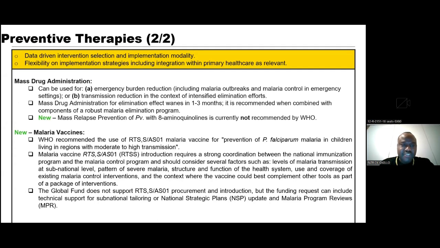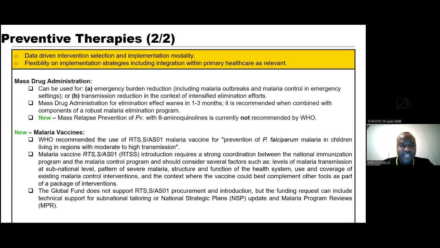For mass drug administration, as you all know, there are 2 main occasions when this is recommended. One is emergency burden reduction, if there are outbreaks or emergencies of other types. And two, in intensified elimination efforts, we can deploy mass drug administration.